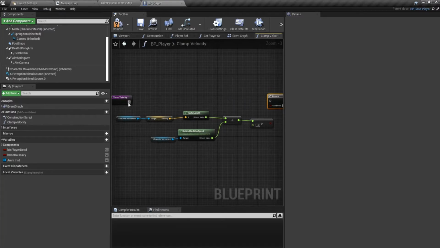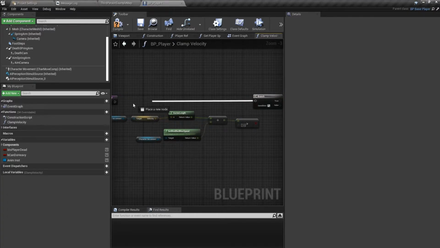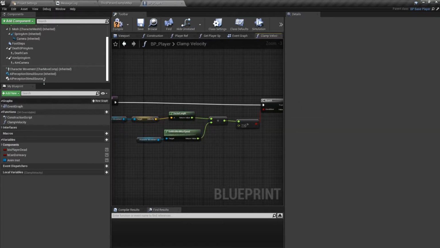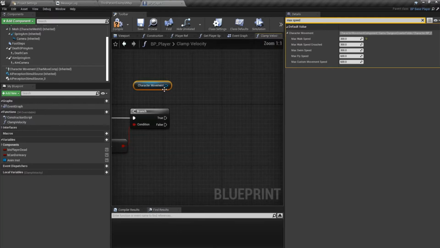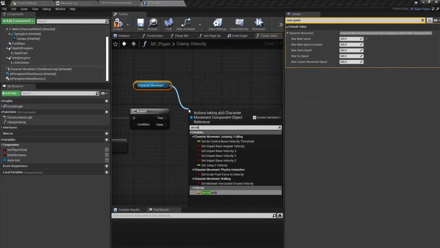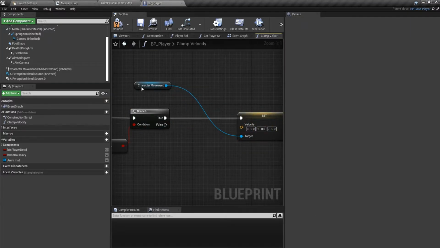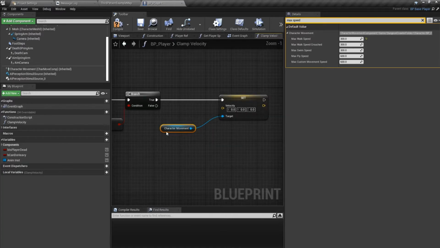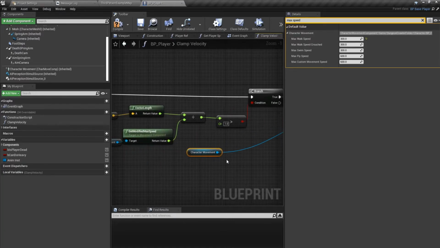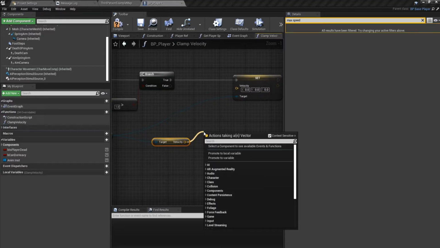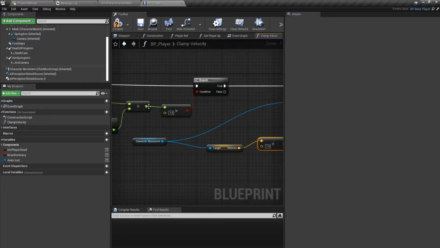If it is, then we are going to clamp our velocity: get the character movement again, and from here we want to set the velocity. And the way we want to set the velocity would be, we get the velocity itself, and then we divide it by this one.